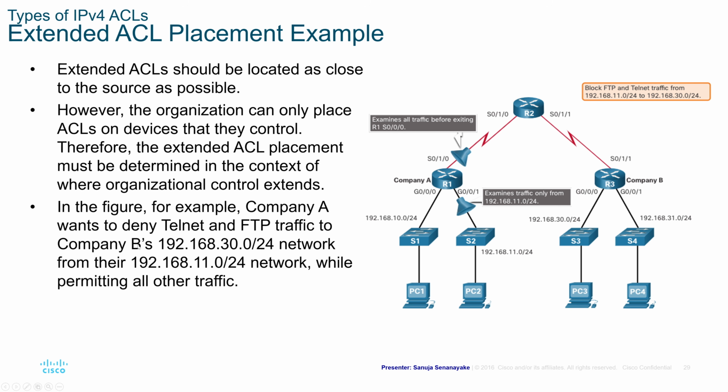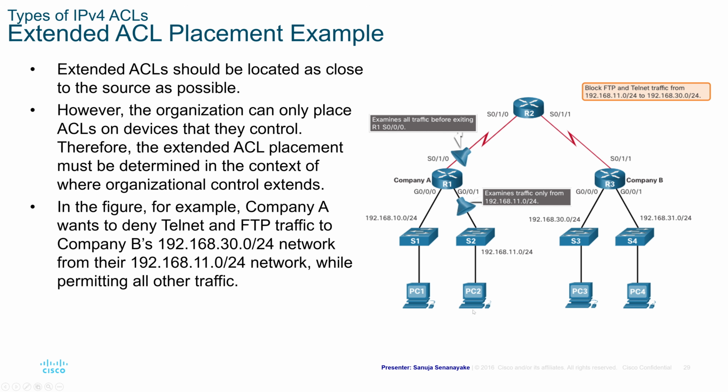But company A wants to deny telnet and FTP traffic to company B's 192.168.30.0 network from their 192.168.11.0/24 network. So they want to prevent any FTP or telnet traffic from company A's network from reaching company B's 192.168.30.0/24 network.